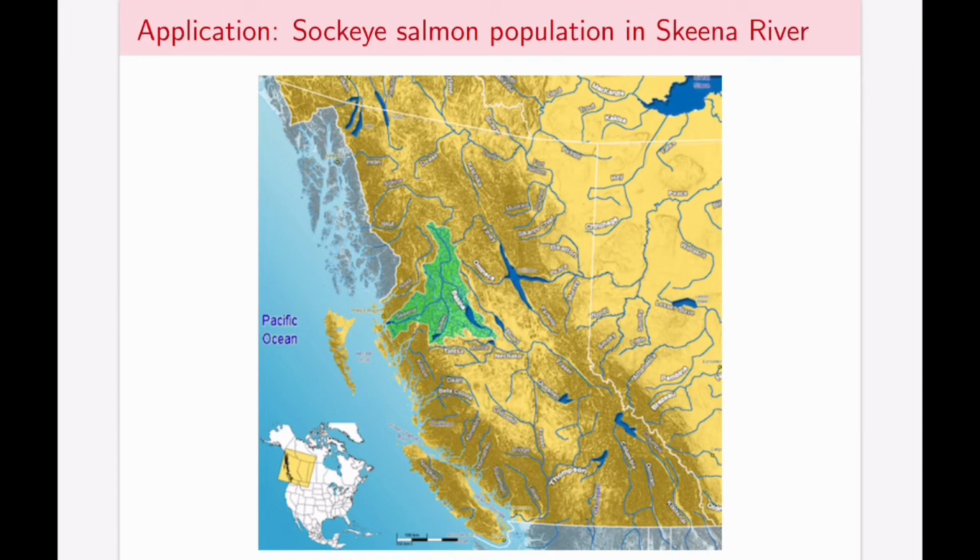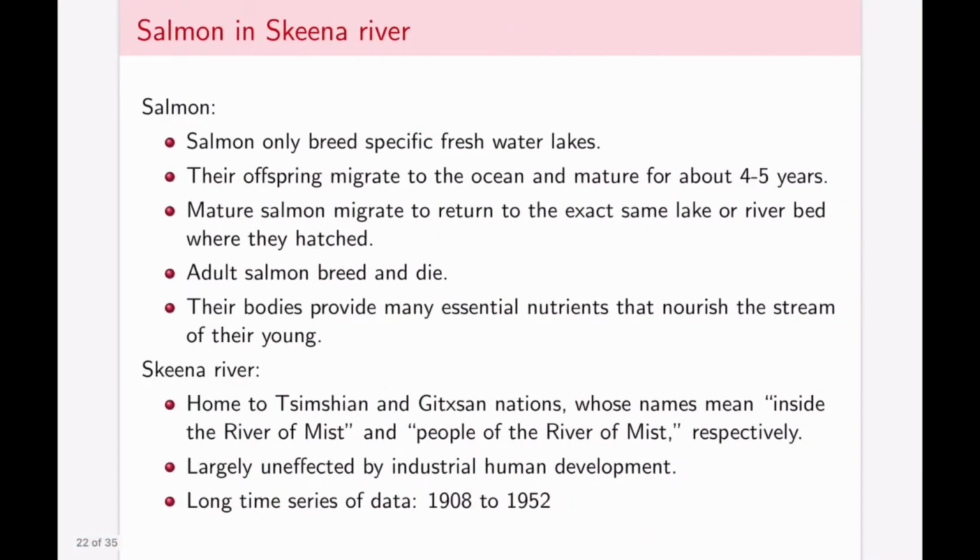Generally, salmon population is tracked fairly closely in British Columbia because this is one of the biggest industries here, but in particular, it is a very important industry, and has always been for the indigenous peoples of British Columbia. Salmon has a really fascinating cycle of life.